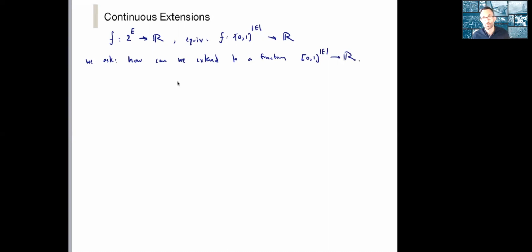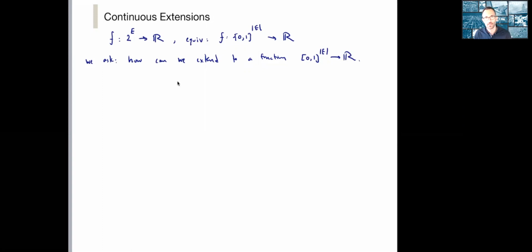Because once we have, so what this means is a function that agrees with our given set function f on the corners of the cube, but gives a continuous result, varies continuously for everything else in the unit cube. So there are two canonical extensions, one which gives a convex function and one which gives a concave function.